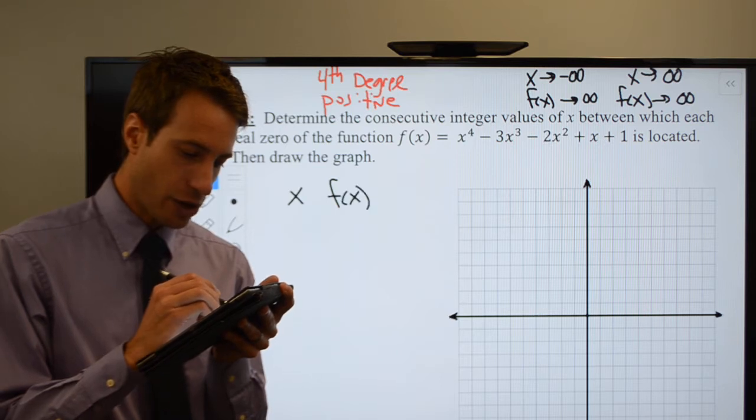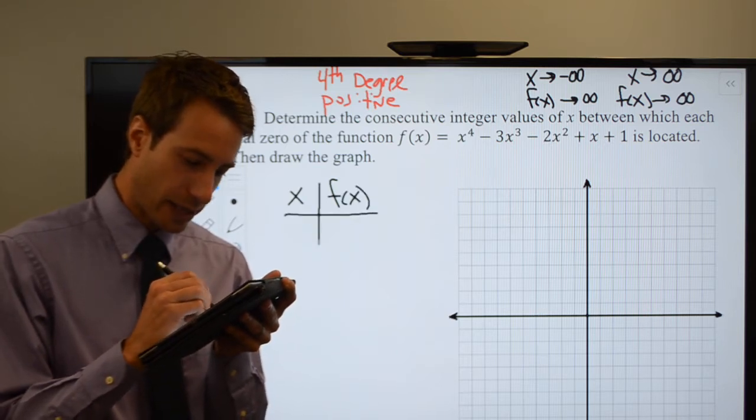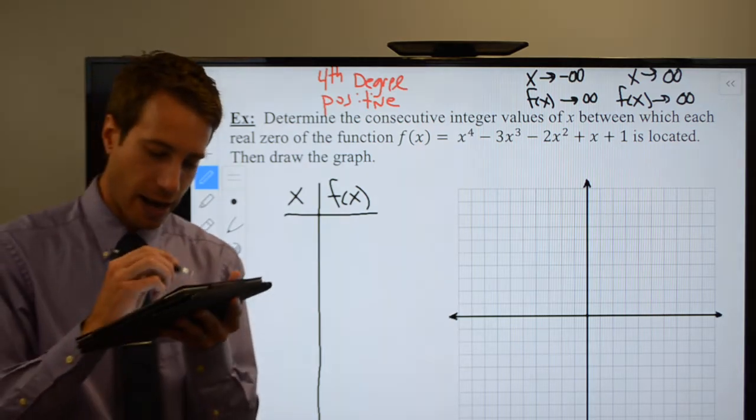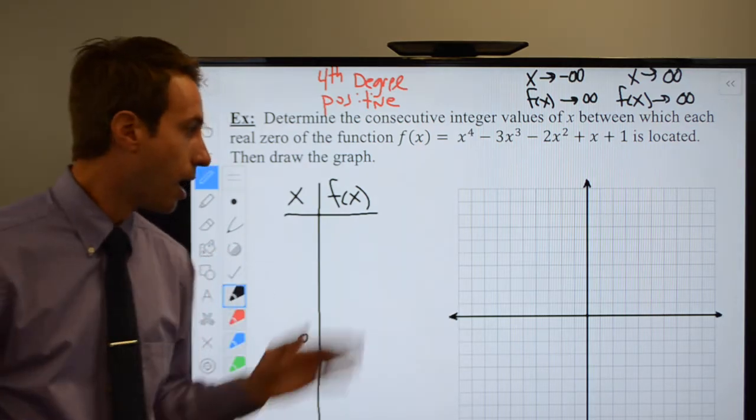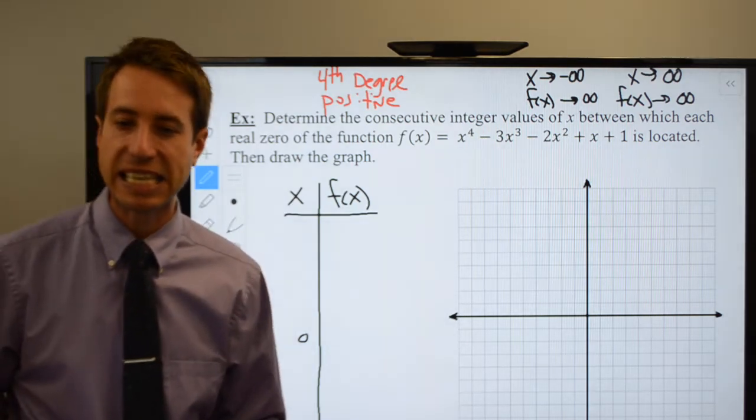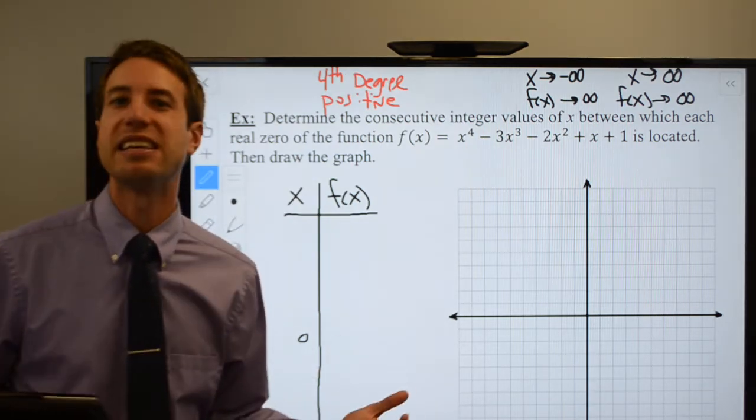Again, there is no easy way of doing this. It's just going to be a lot of plugging and chugging on a calculator. Again, I'm going to start at 0. I'll go in the positive direction and the negative direction. You might not need all of these points, but you never know.